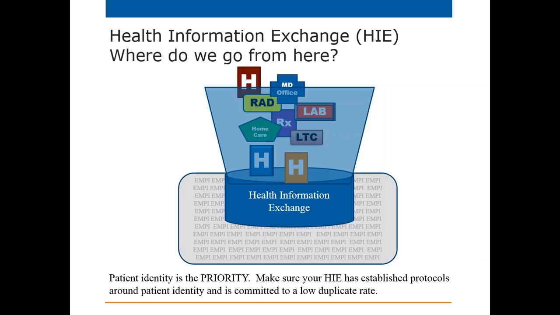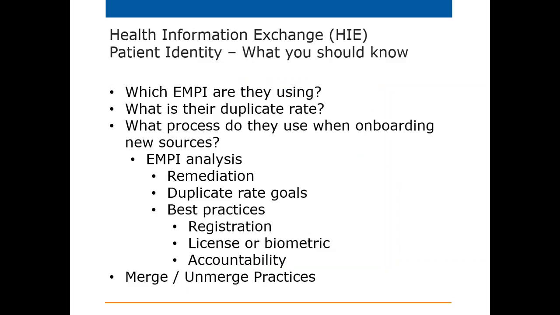We need to make sure that patients are matched properly when they come in from multiple entities. Somebody needs to be minding that, and you want to know the rules and laws of the HIE around patient matching. That would probably be my number one question before I ask anything else: how do you make sure patients are matched properly?